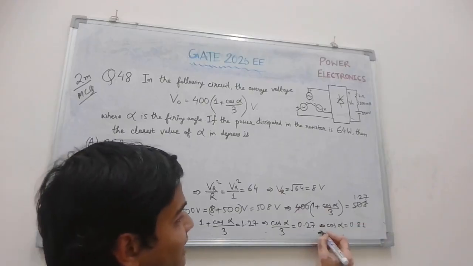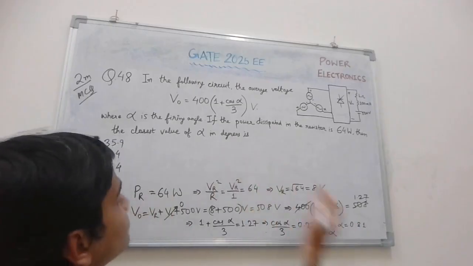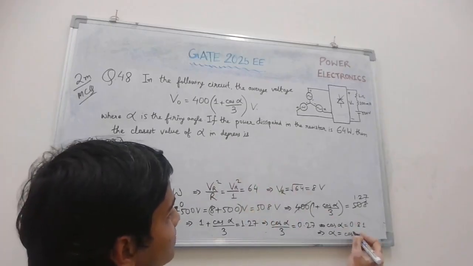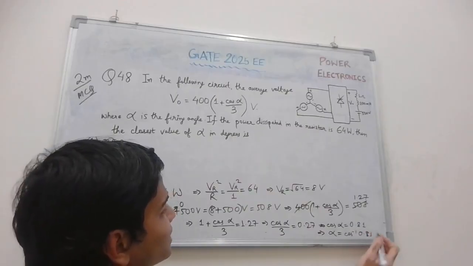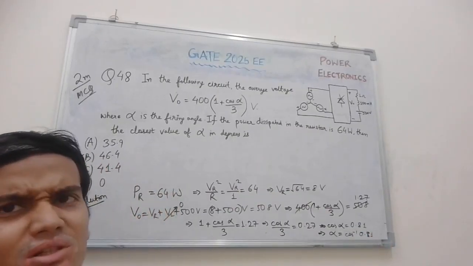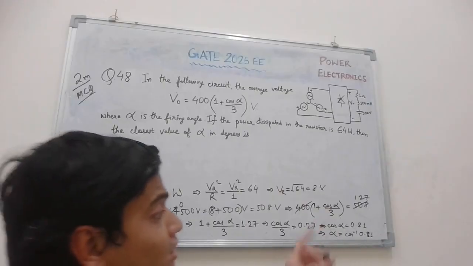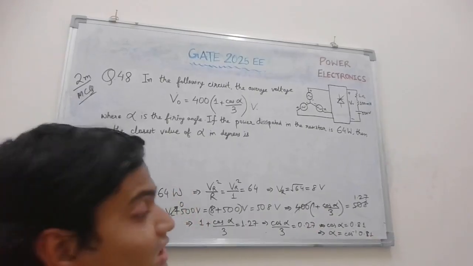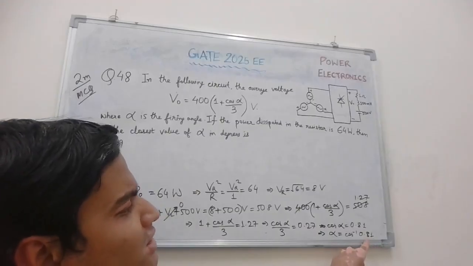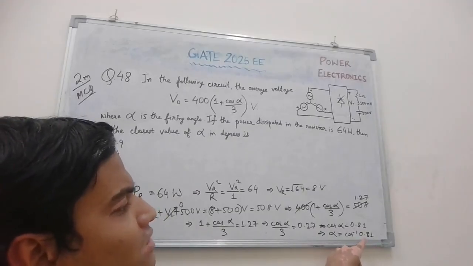So we get the firing angle alpha as cos inverse 0.81. We know that the value of cos inverse 0.8 is 36.87, or 36.9 like that. As cos theta decreases with the increase in theta, cos inverse 0.81 will be slightly less than 36.87.